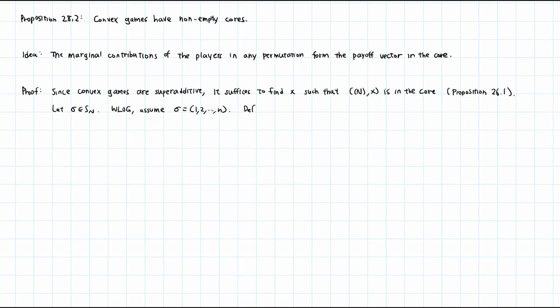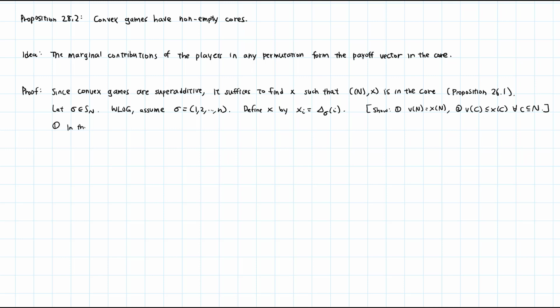We now define the vector x by x_i is equal to delta sigma of i, which is the marginal contribution of player i in the permutation sigma. There are two things we need to show. We want to show that v of N is equal to x of N, and v of C is at most x of C for all C a subset of N.